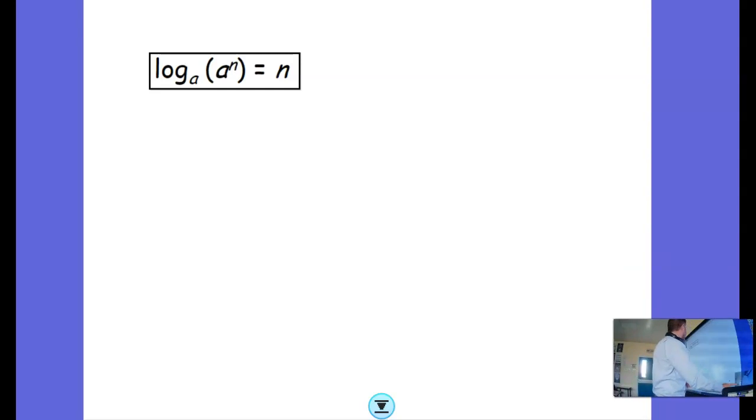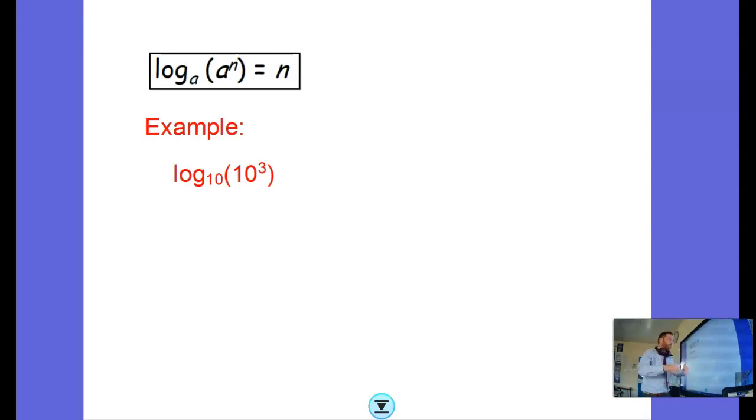Here's the last little rule to look out for, and this is quite a crucial one. This is really starting to understand that relationship between the power and the log base. I think it's probably easiest if we look at an example and then come back to that.